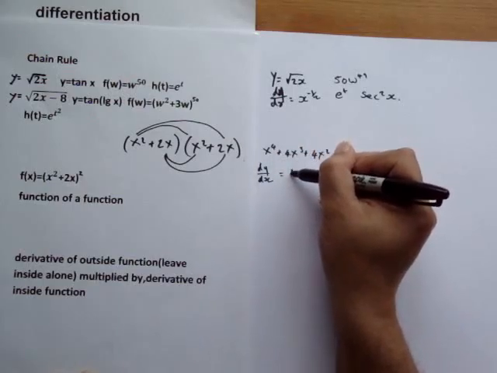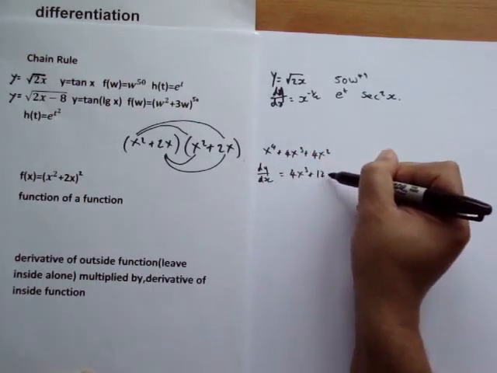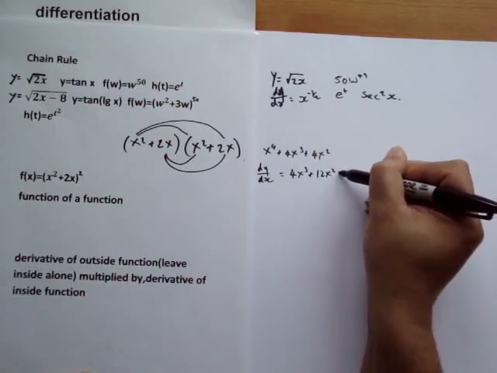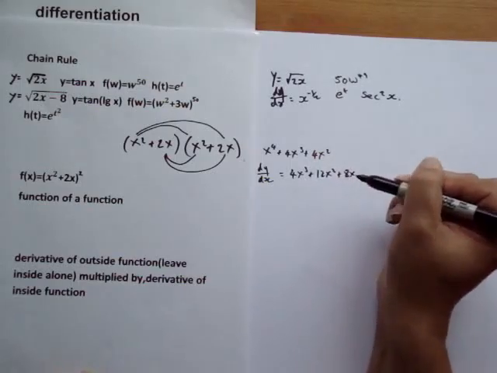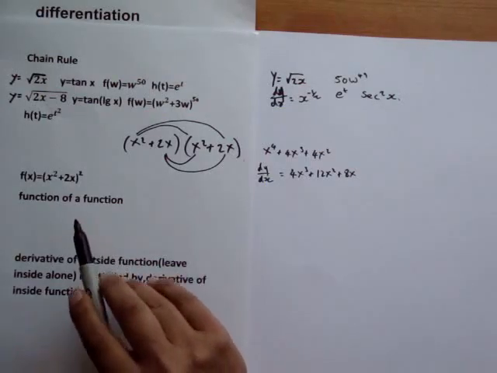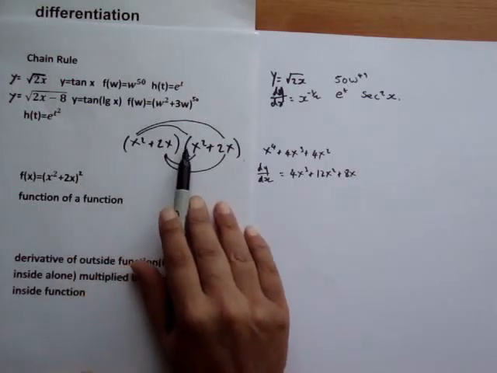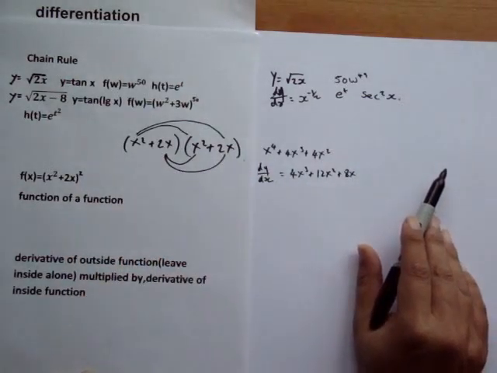So that's 4x to the power 3 plus 12x to the power 2 plus 8x. When we can't do this, say that power was a 10, we can't multiply out 10 times, then we need another rule.